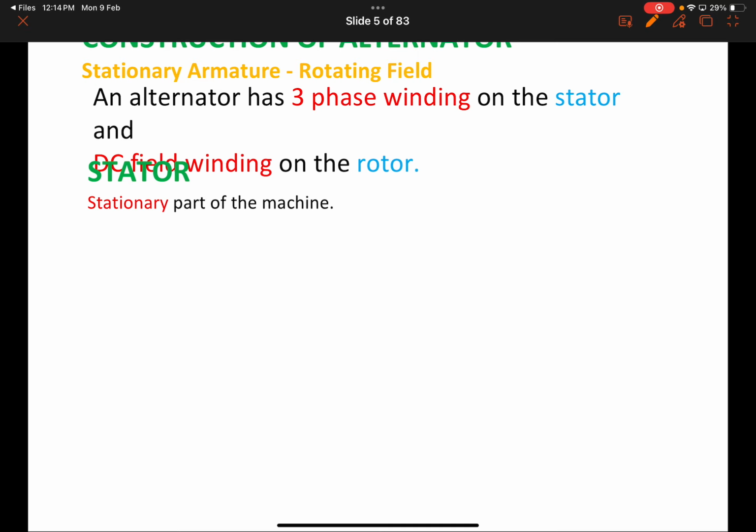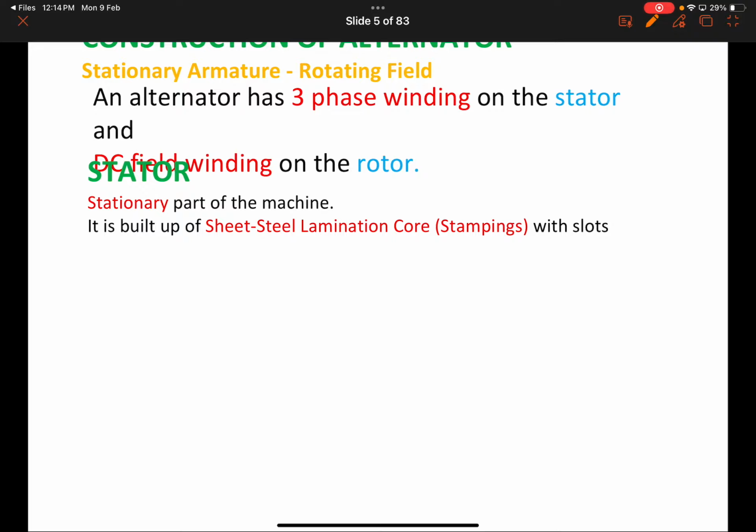Polarity always interchanges for every half cycle. Hence AC supply is not preferable for excitation purpose.